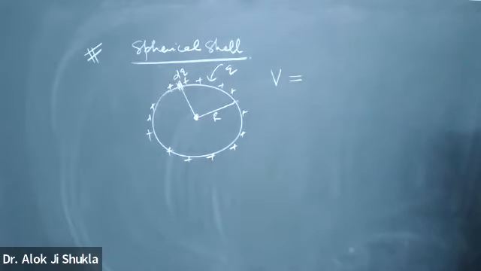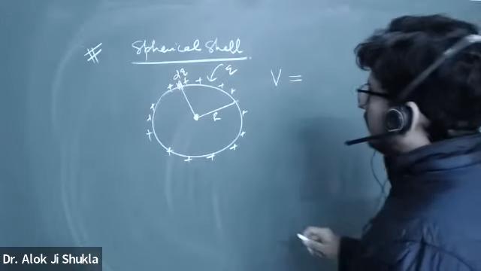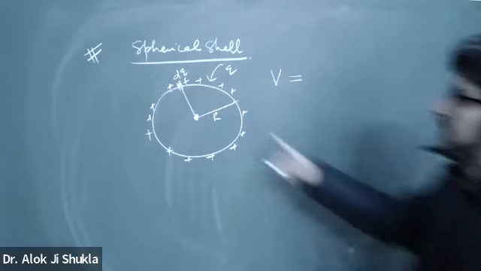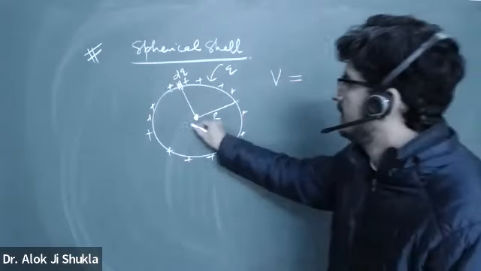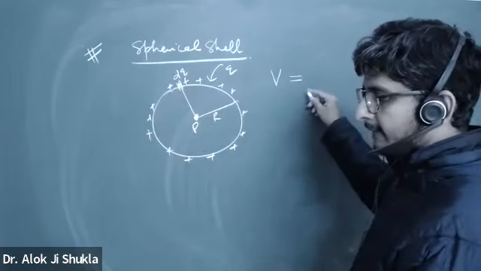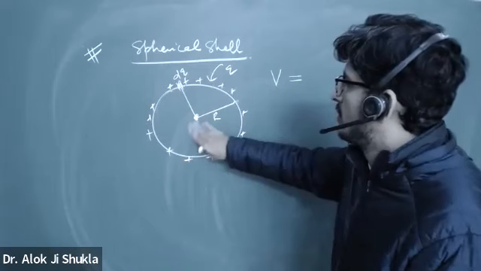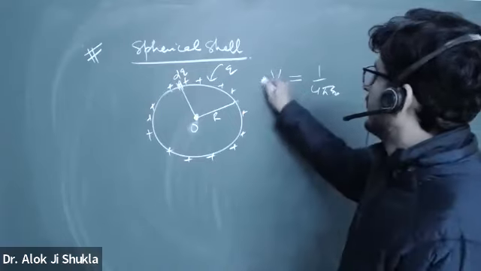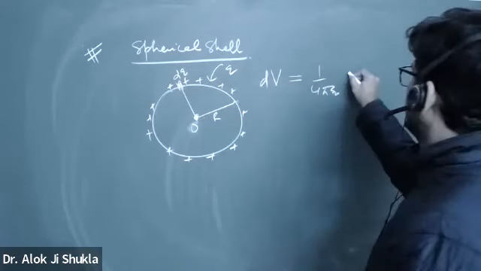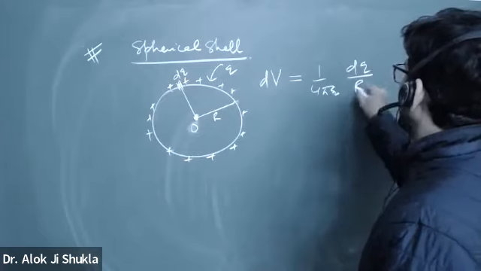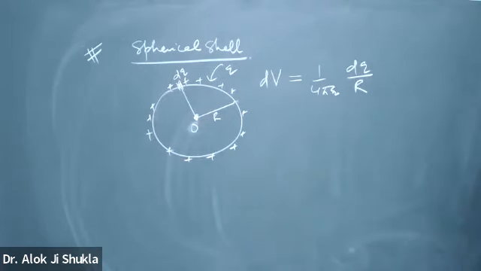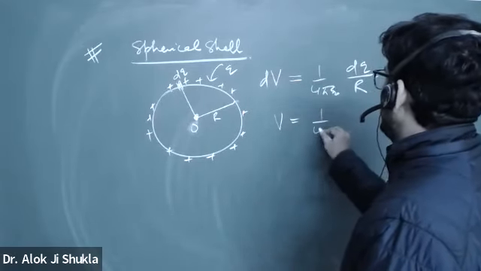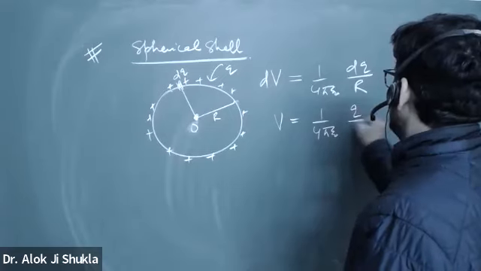So what is the potential because of this at this point? 1 by 4 pi epsilon naught, the small potential because of this charge at the center, dq by capital R.